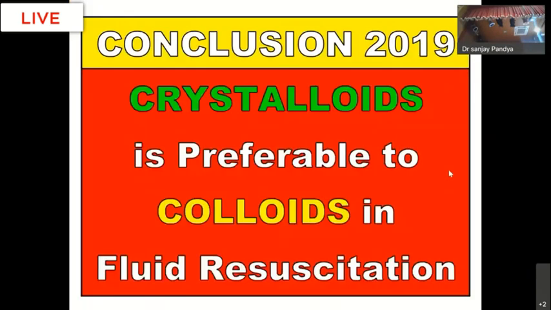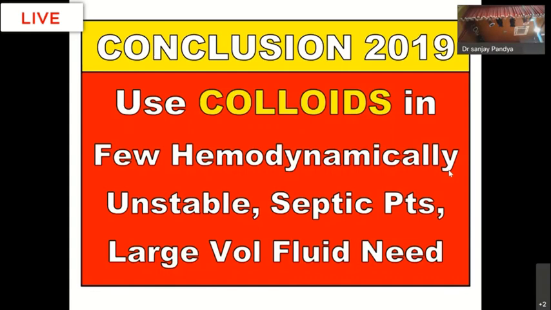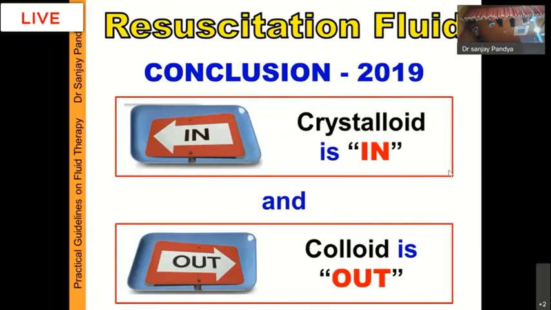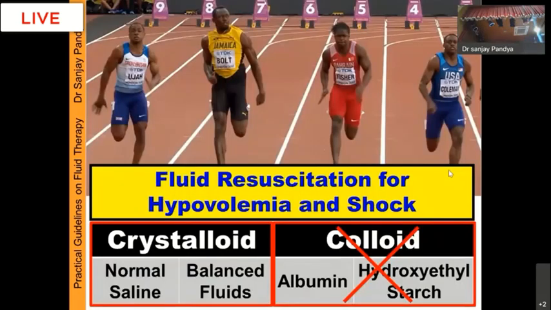So there are benefits, but by and large, crystalloid is preferable to colloid in fluid resuscitation. Use colloid in a few hemodynamically unstable septic patients where a large fluid volume is required. So the take-home message is that crystalloid is in and colloid is out.